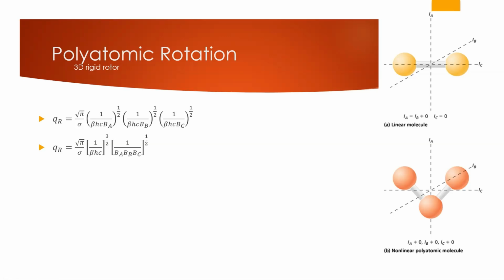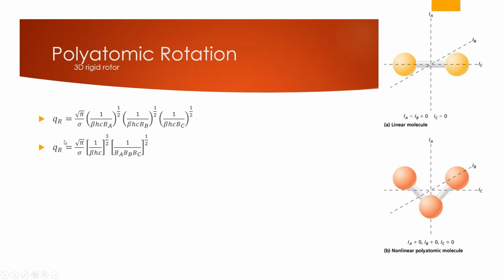Another correction must be introduced for polyatomic molecules. These molecules have multiple rotational parameters that are different, as can be seen down here. They have different moments of inertia and they have different rotational parameters B. So there would be a B_A, B_B, and B_C for the different dimensions that this thing can rotate in. And so we would have to multiply them together in this way for 3-dimensional molecules.